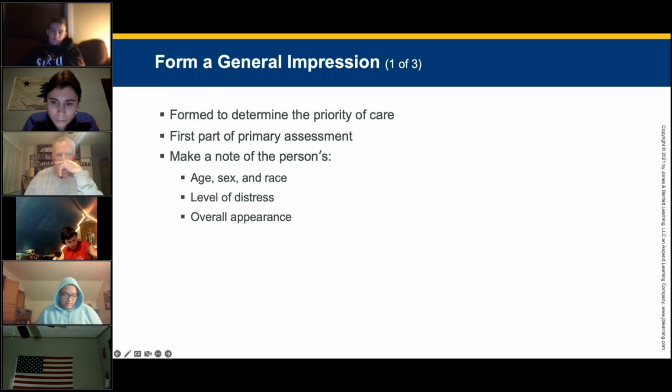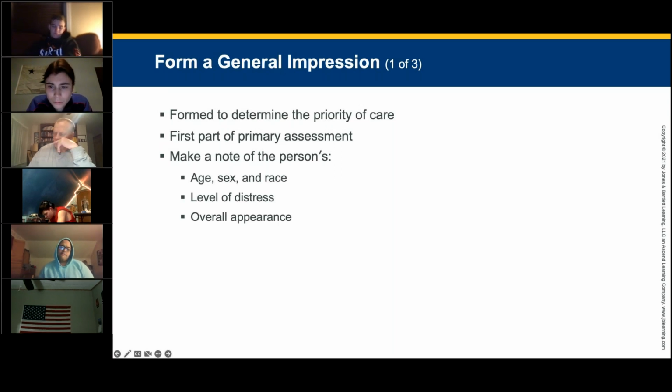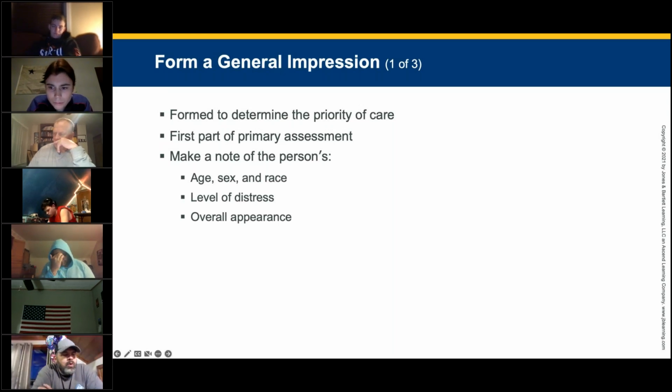So, why are some of those things important? When we talk about a patient's age, is there a difference with a patient having chest pain that's 12 years old versus a patient that's 50 years old? There could be. Male versus female: some of their conditions are going to present differently.